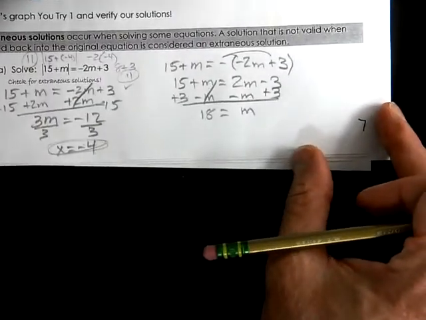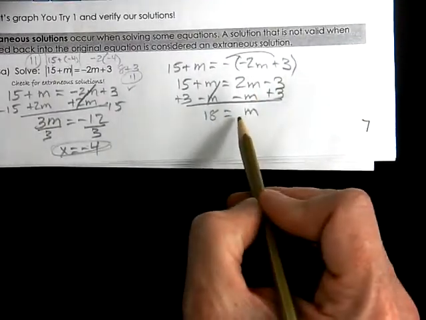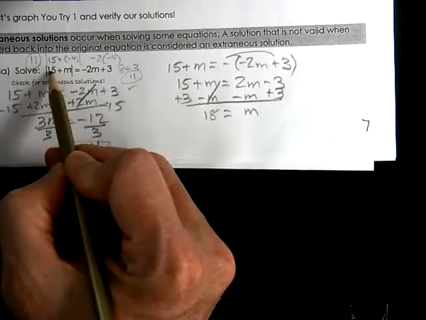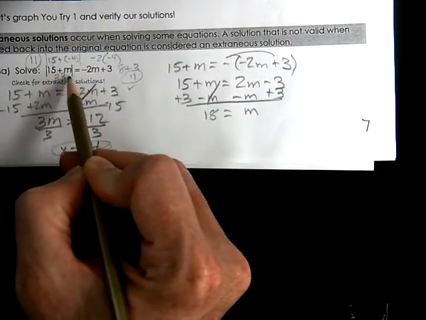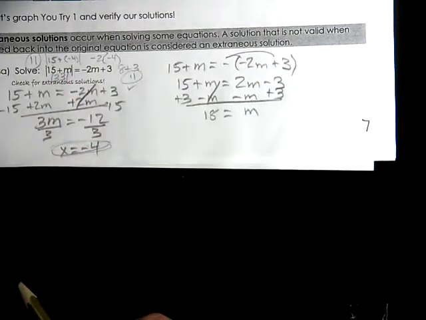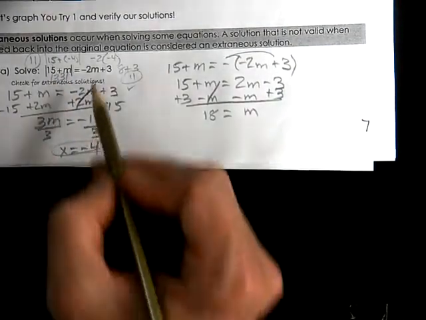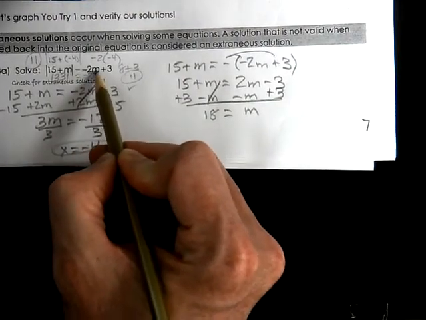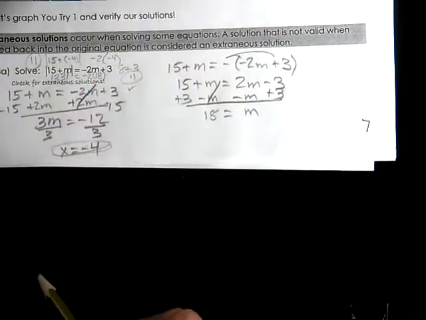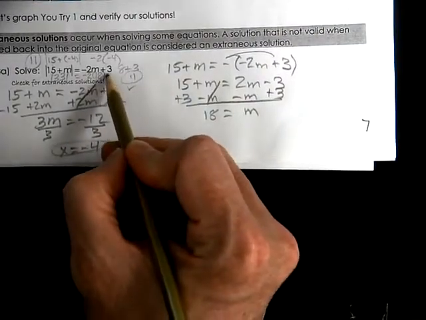So let's come on over here. Let's try the 18. When we plug in the 18, we get 15 plus 18. That's 33. And that's in the absolute value bars. And when we come to this side, we get -2 times 18. Well, that's -36 plus 3.